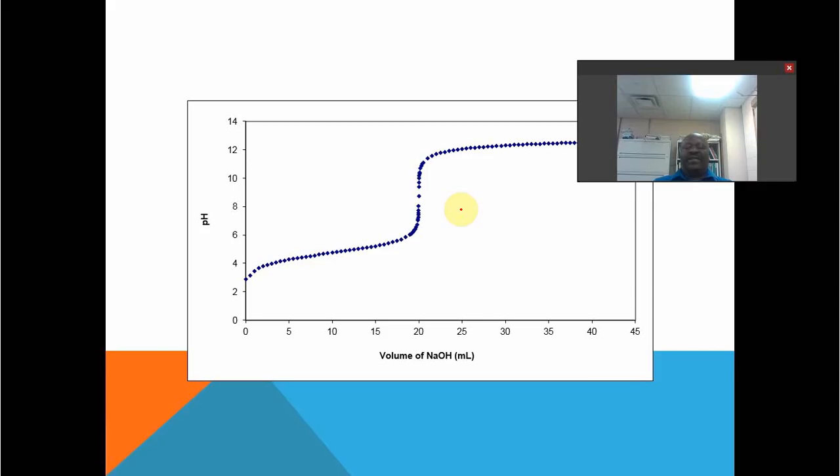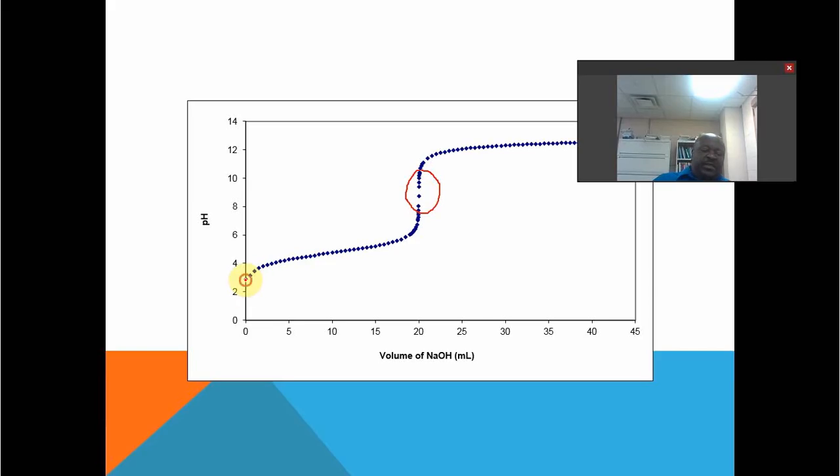The question is, how do we find that point? We can surmise that it's somewhere here, but where exactly is it? Is it in the middle? Well, there's a way to find out where exactly this is, and it's called, let's plot the derivative. What's a derivative?